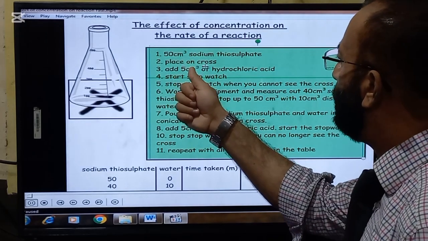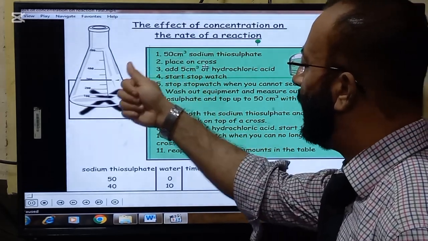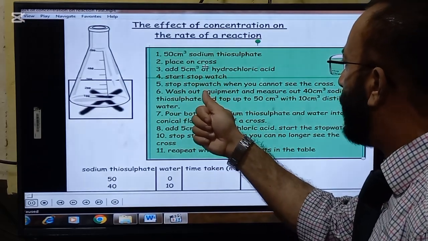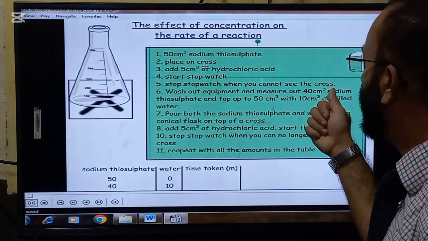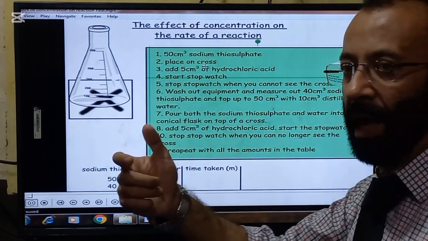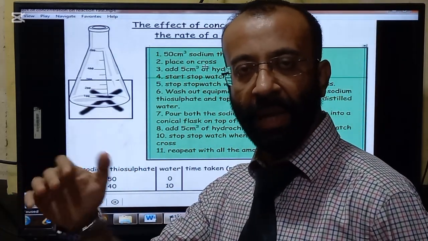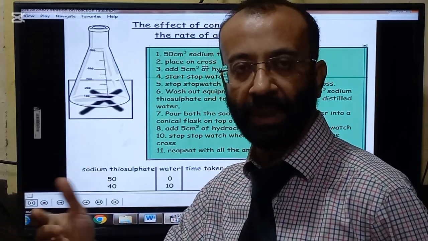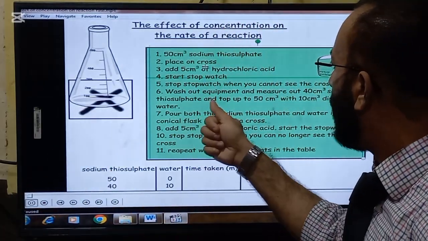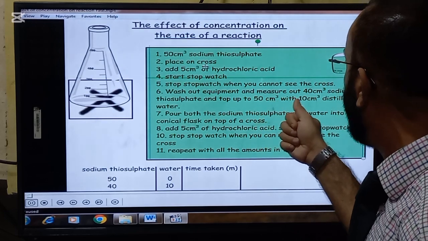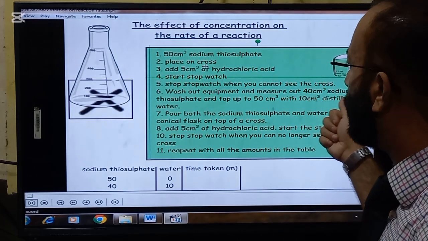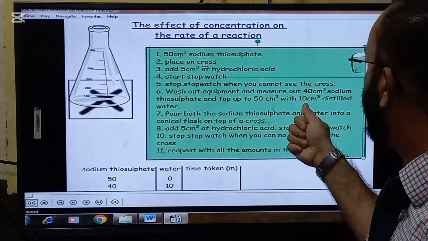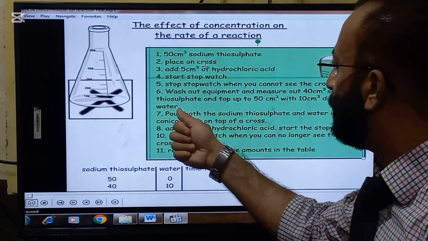When you have put these two reactants into the flask, start the stopwatch. Stop the stopwatch when you cannot see the cross. The time will be noted in which the cross sign is no longer visible. Wash out the equipment and measure out 40 cm³ of sodium thiosulfate and top up to 50 cm³ with 10 cm³ of distilled water.